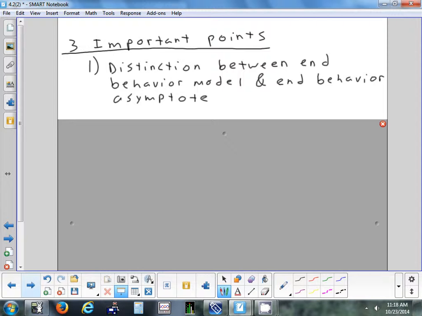End behavior model is easy and very fast. End behavior asymptote is when you use long division. Also, end behavior asymptote is only something we do when the degree in the top is larger than the degree in the bottom. We didn't do this yesterday because we didn't have any problems like I just explained.